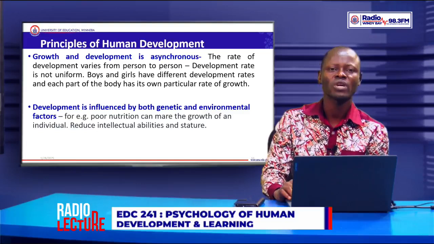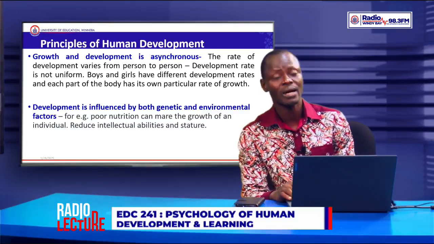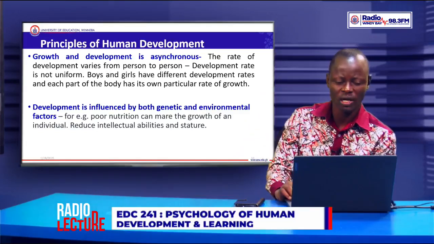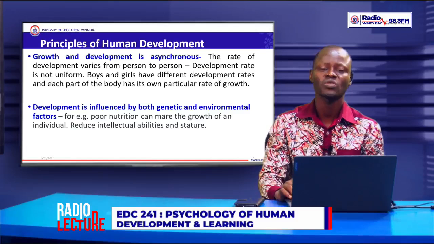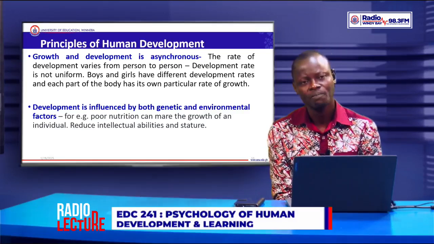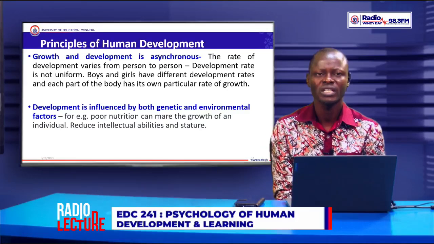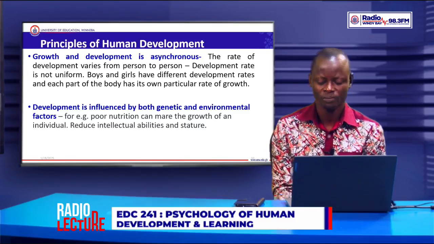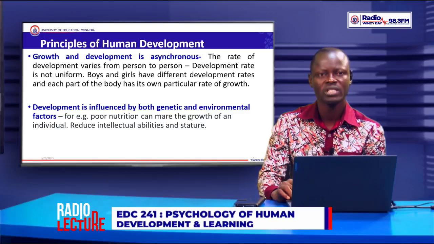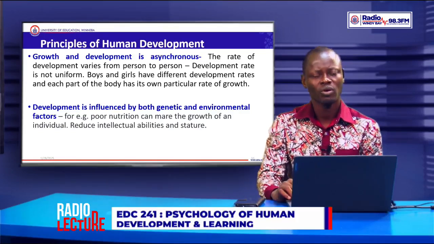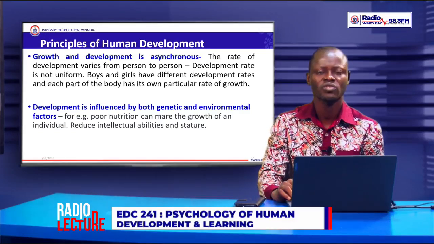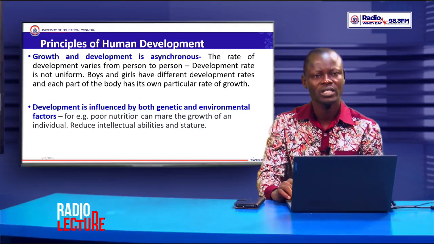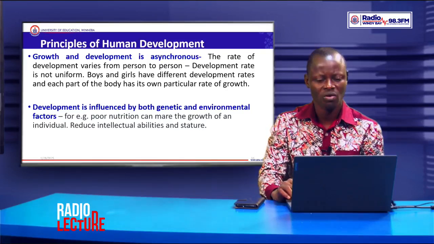When you have poor nutrition, for instance, it can mar the growth of the individual, and this will reduce the intellectual ability and the stature. So malnutrition is an environmental factor which may have a significant effect on how you grow and develop. We need to be aware that when children are growing up, this is very important, because if they don't get the right nutrition in the right proportion, this can impair their development and their growth.